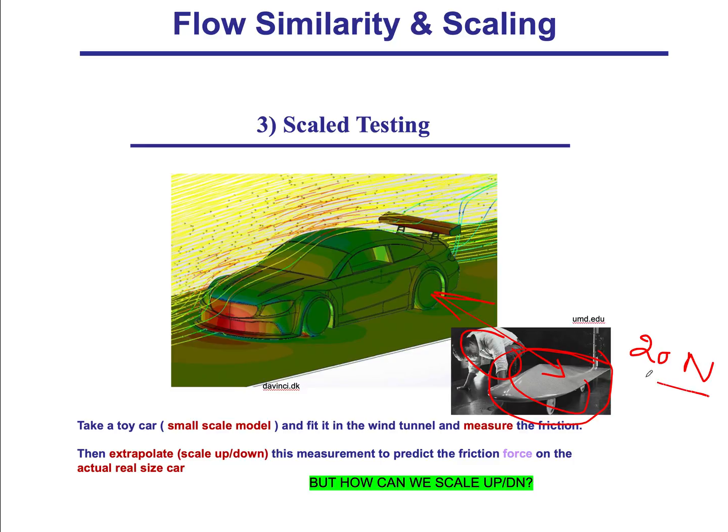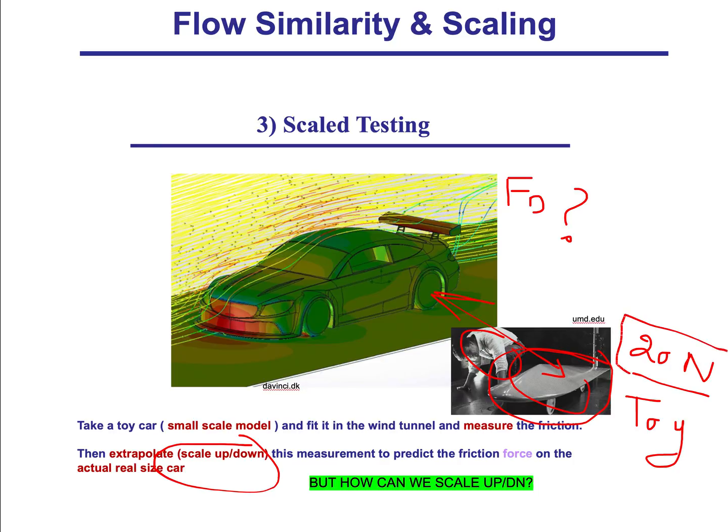So we found the drag force on the little car, the toy car that we have, but that doesn't answer our question: what is the drag force on the actual car? So that's what we want to do next. That's what we call scaling up the test result from the small scale to a large scale. In certain situations, it's easy, and these are particularly when we're dealing with small objects.